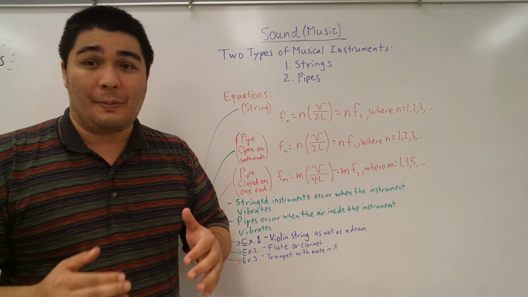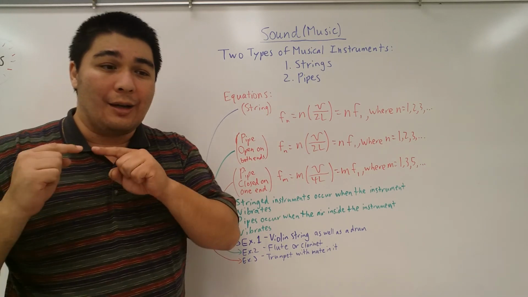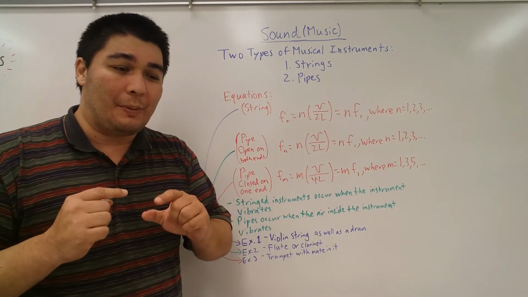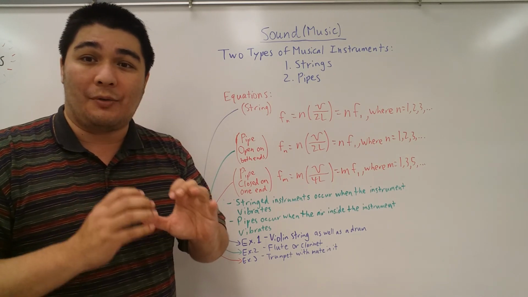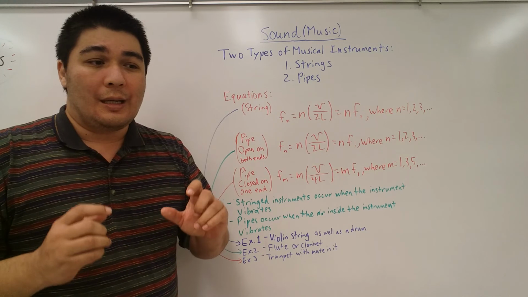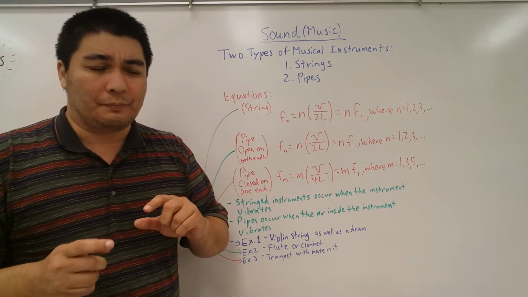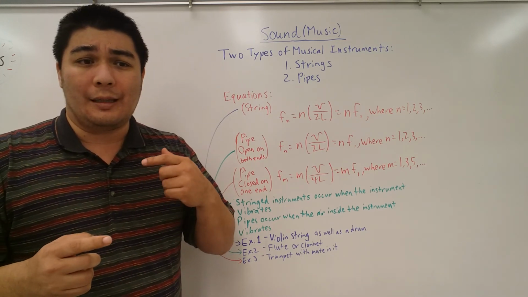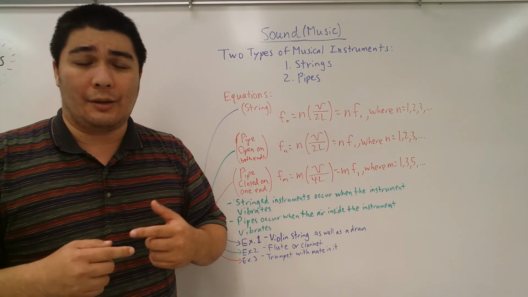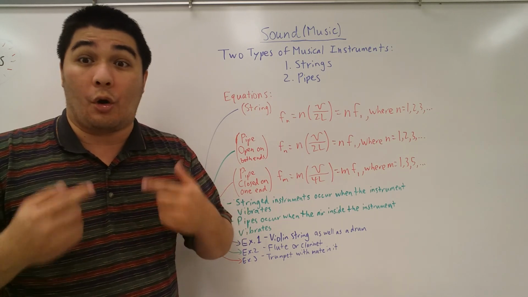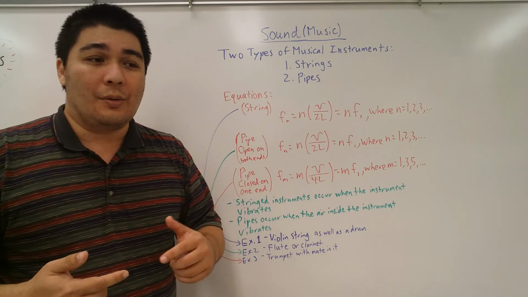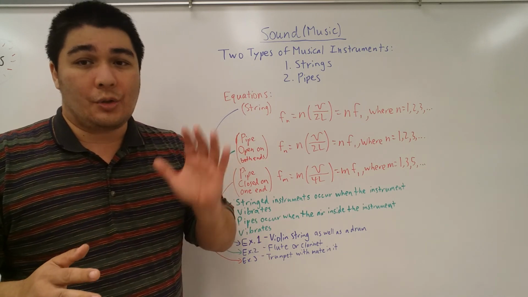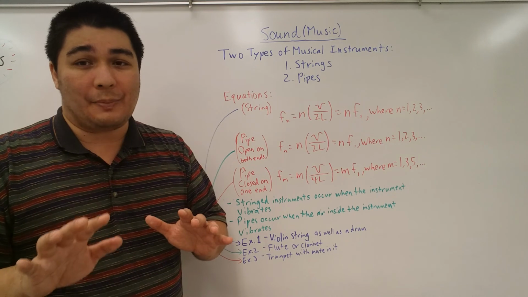So a pipe, by definition, is when the frequency of the air changes based on the shape of the pipe itself, versus a stringed instrument, which only depends on the length of the instrument itself, because the whole instrument is vibrating. So that's the difference between a stringed instrument and a piped instrument.